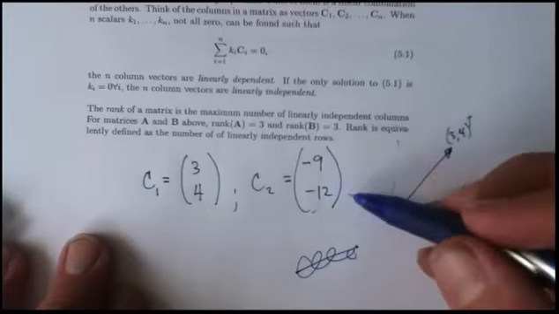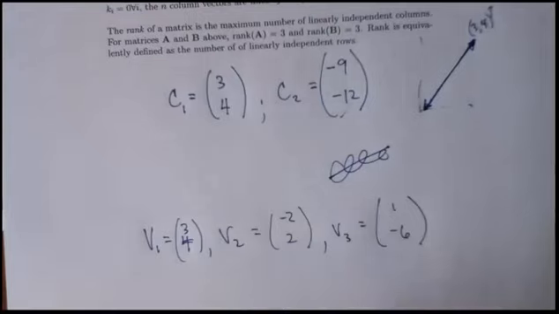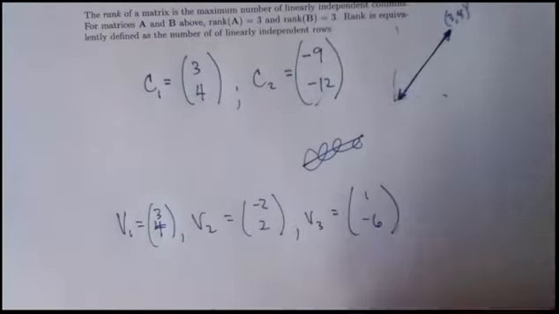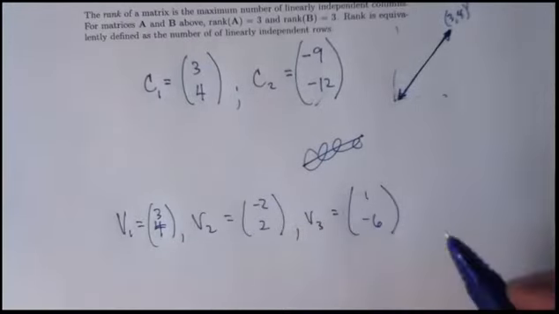Well, I happen to know that if I have more vectors than the dimension of my space, in this case I'm in 2 space, then I'm in trouble. I can no longer have linear independence. But let's see what happens here when I add them up. I'm just going to let my scalars be 1, and I'll take V1 to be (3, 4).